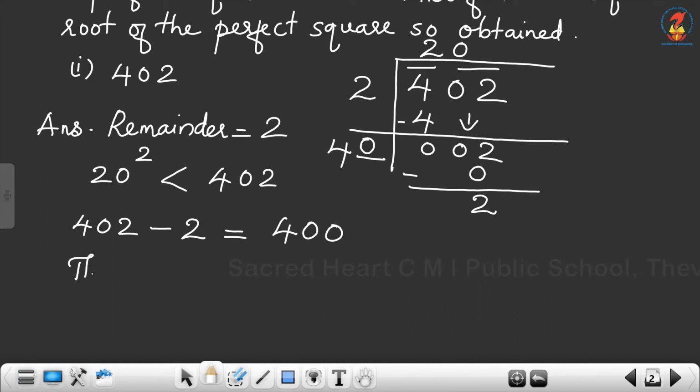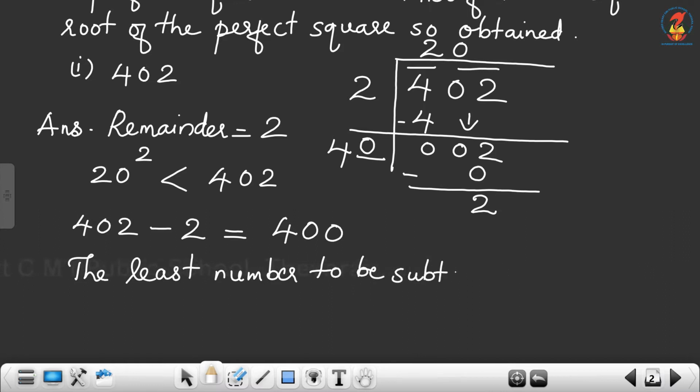Therefore, the least number to be subtracted is equal to 2, and you will get the new perfect square number.